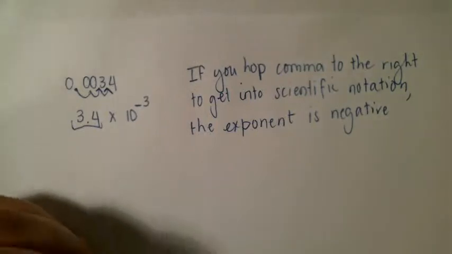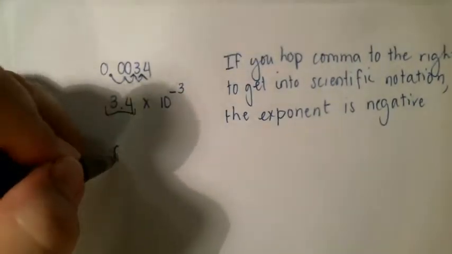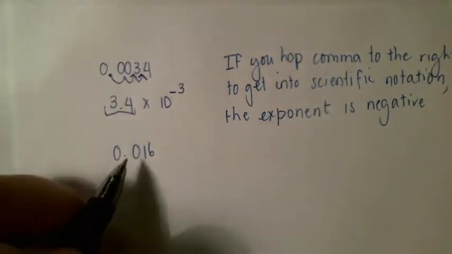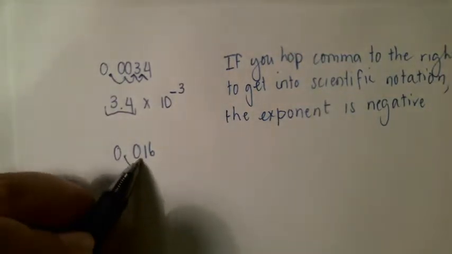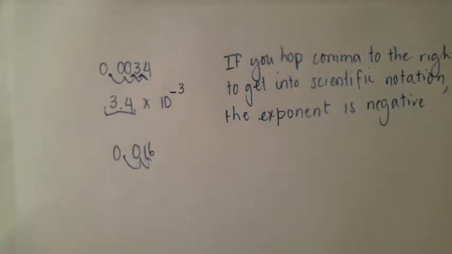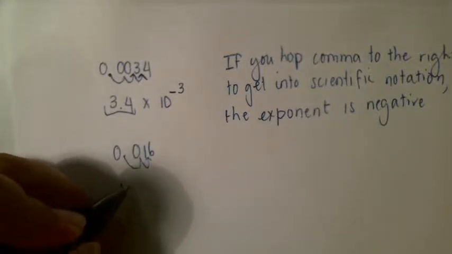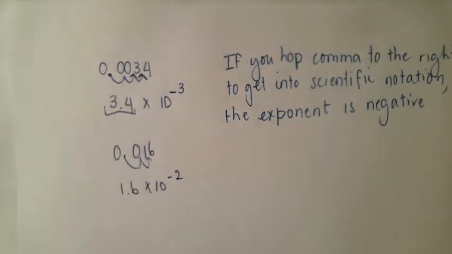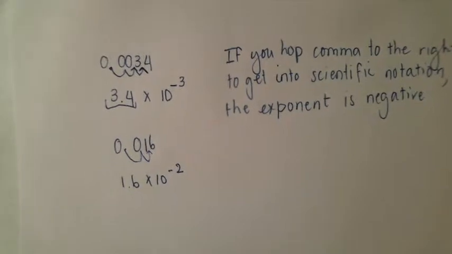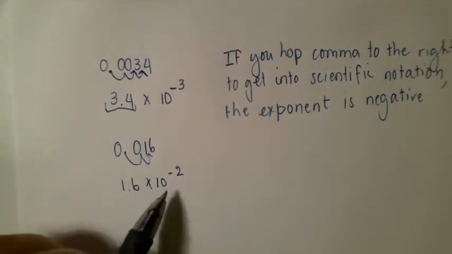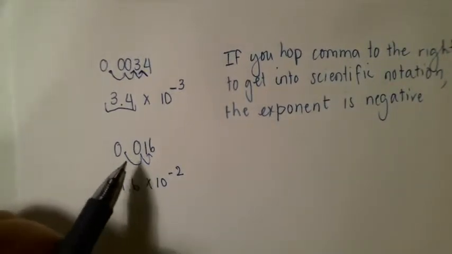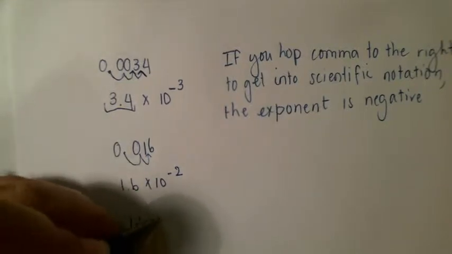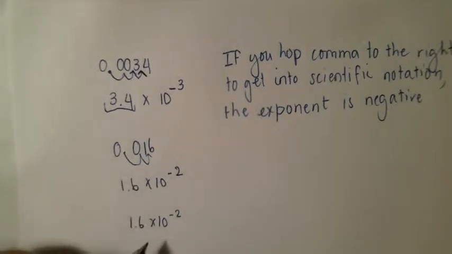Let's do another quick example. Let's look at 0.016. In this case, you have to hop the comma once, twice to the right, so that you end up with 1.6 times 10 to the negative second power. Okay. Now let's double check that this number written out equals our original number. 1.6 times 10 to the negative second power.